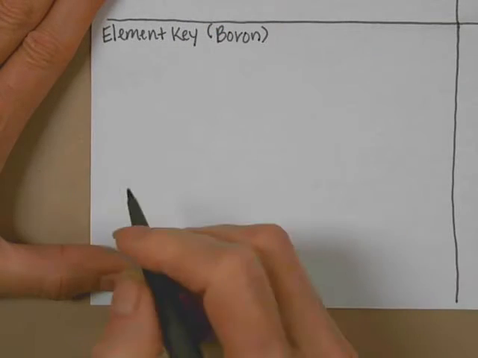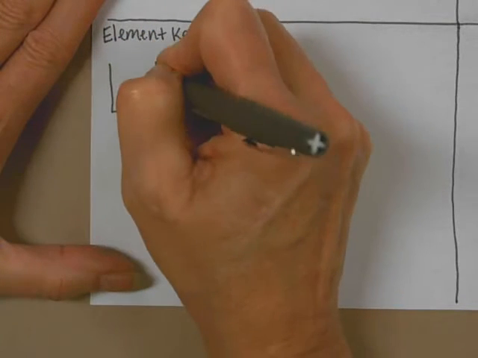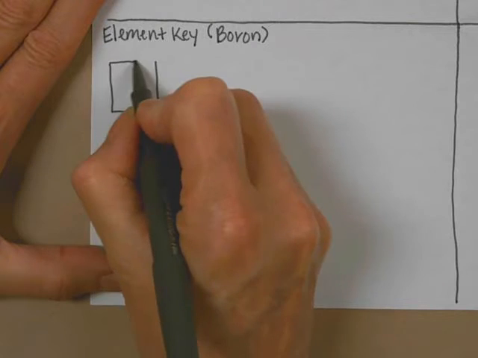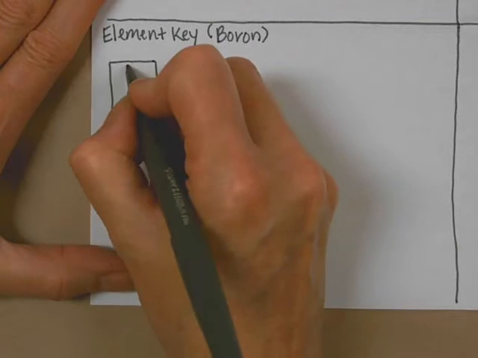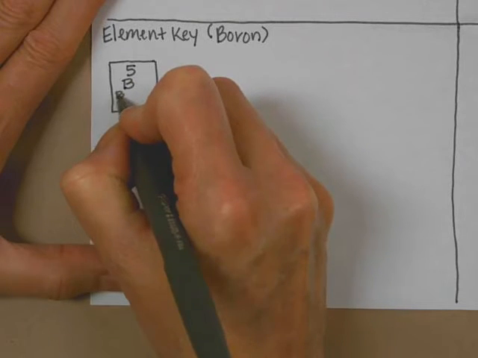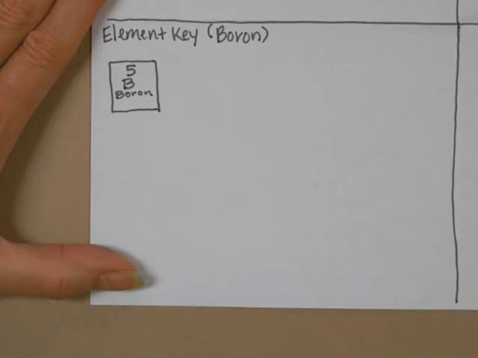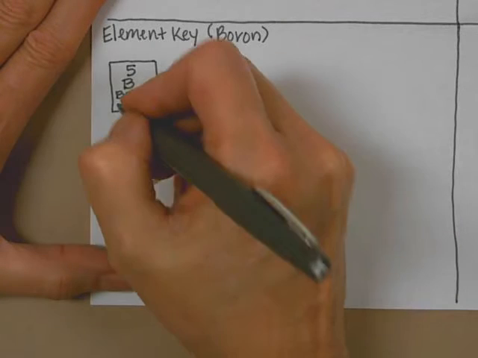And that's how I got this information, and that's how you get it as well. So here it is. It's 5. It's got the symbol B. The name is boron. And it's got 10.81 as a mass number.